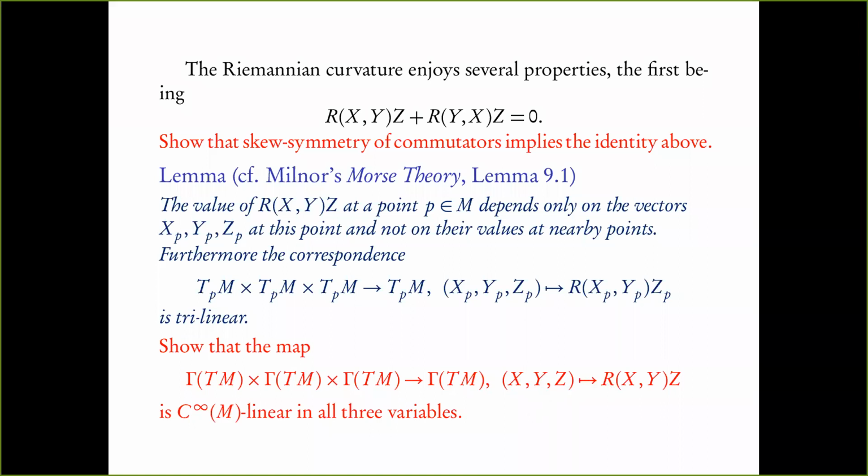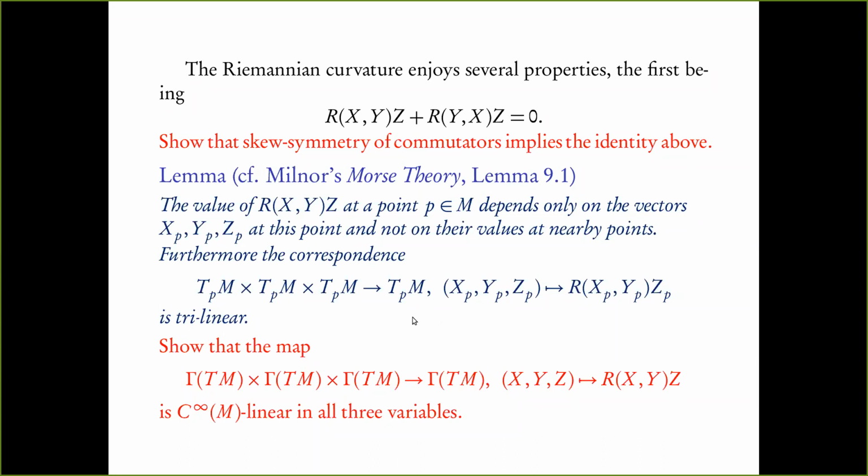Sir, the lemma says that it is dependent pointwise. So can we not extend this map to the fiber product over TM cross TM? Yeah, you can. That's what I'm saying, the lemma basically is a pointwise thing, but if you have a function, and you want to show that this new map in red is C infinity M linear, it basically boils down to checking it pointwise, and pointwise you can of course do this, right?